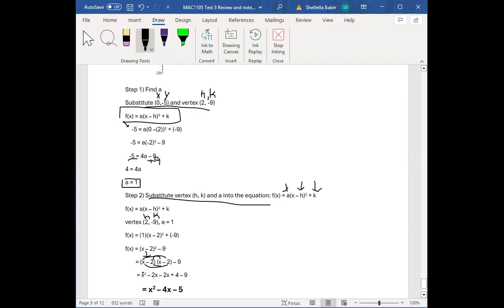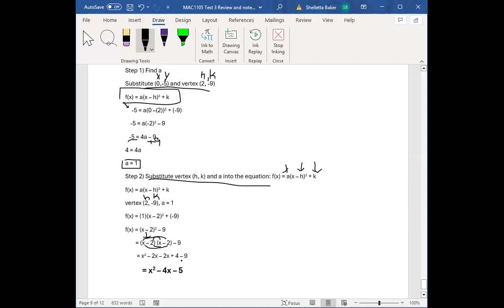We get x squared minus 2x minus 2x again, and then negative 2 times negative 2, we get positive 4. Carry down the negative 9 and combine like terms. This 4 minus 9 on the end, we get negative 5, and then the minus 2x and minus 2x, we get minus 4x in the end. So here's our simplified equation, and there is your review for test 3.